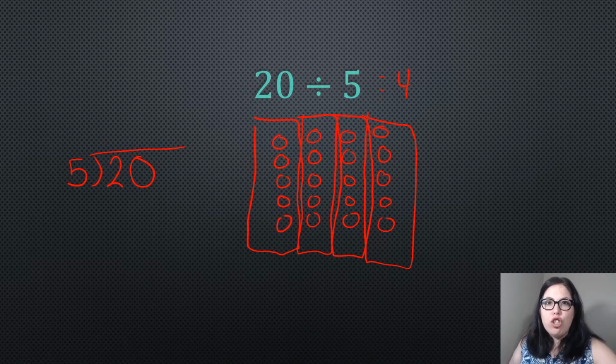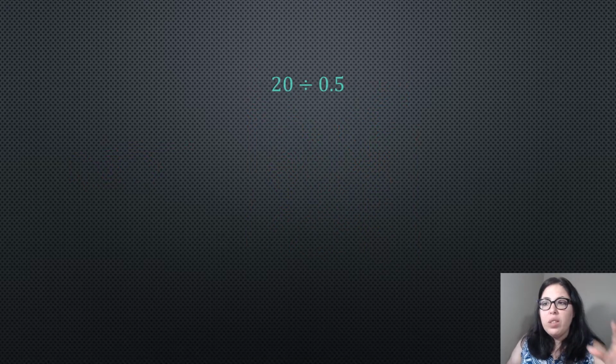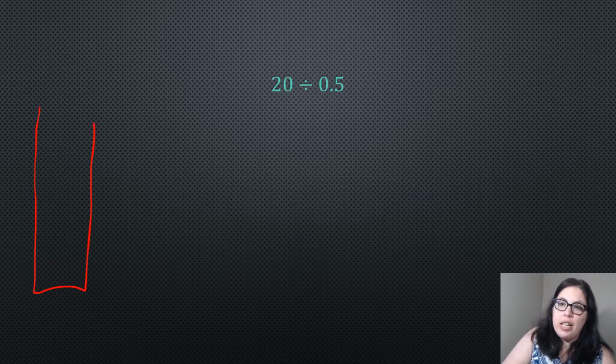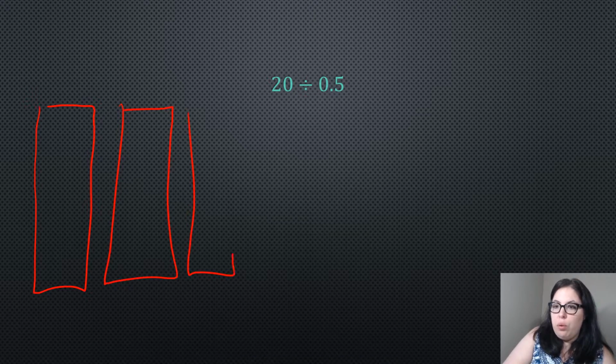Okay, so let's look at a division problem. So in this one, I have 20 divided by 0.5. Well, that's like having 20 candy bars. Okay, 1, 2, 3. Ooh, maybe I should make these smaller.